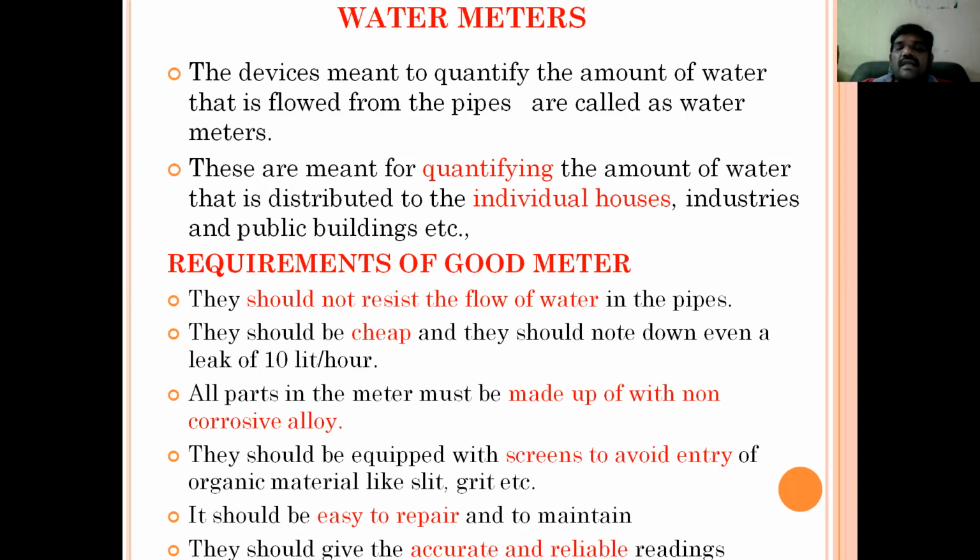And they should be available economically, at a minimum cost, and they should even note the minimum amount of water that is being supplied or that is being observed as leakage. And all the parts by which the meter is made have to be made of non-corrosive alloy.